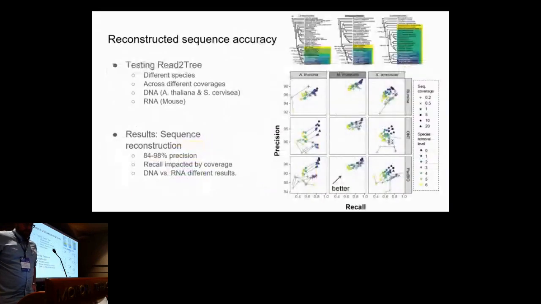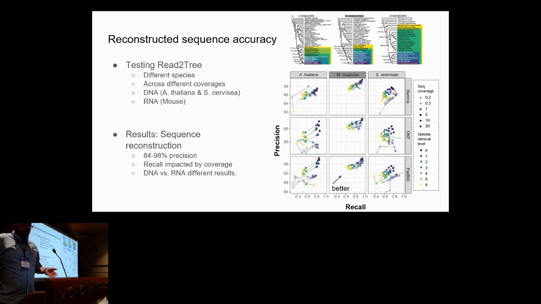So the first thing that we looked at with these different data sets is how good is our consensus sequence in terms of precision, so how well does it recover the sequence from the original species, and in terms of recall, meaning how many genes can we recover. So the point where you want to be in this plot is the top right for all of these data sets. As you can see on the y-axis, we have different panels: Illumina data on the top, nanopore data in the middle, and then PacBio data on the bottom. So testing all different technologies in one go.